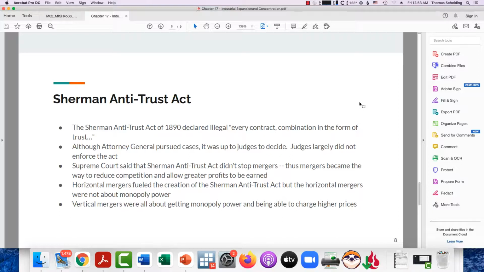The horizontal mergers were designed to merge companies such that you had some greater control over the pricing power, but it wasn't about one firm having all that power. Rather, it was more about how do you control the sharing of the wealth that comes from having a national customer base.